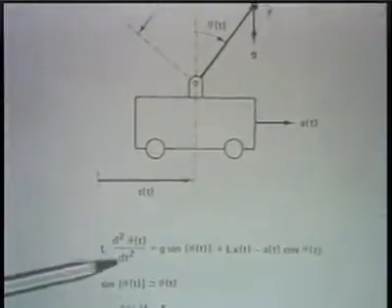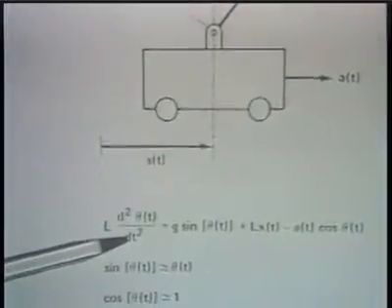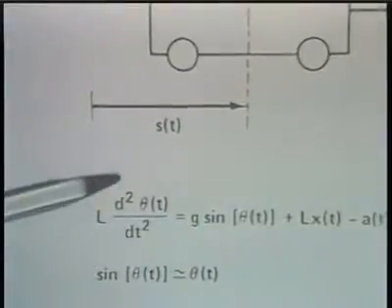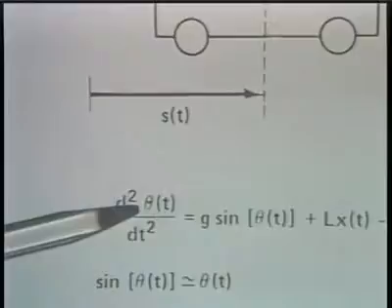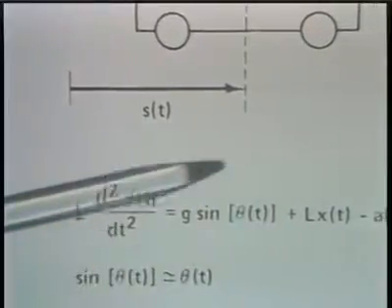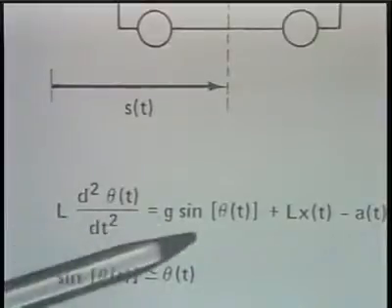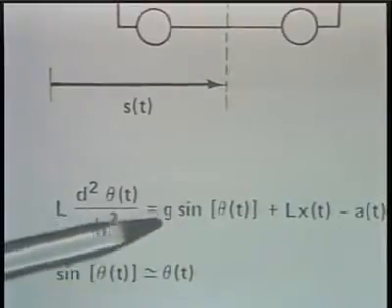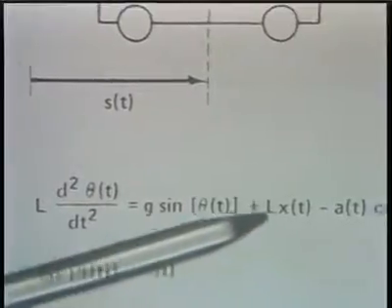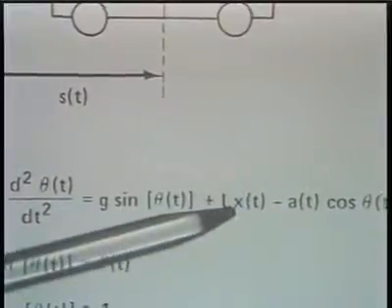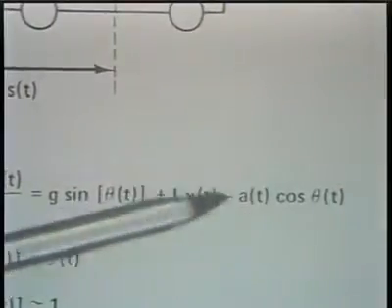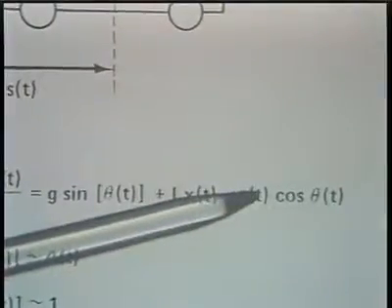And this equation tells us how the basic forces or accelerations are balanced, where this is the second derivative of the angle. And then we have the acceleration due to gravity, reflected through the angular acceleration times the sine of the angle, the angular acceleration due to the external disturbances, and finally the angular acceleration due to the motion of the cart.